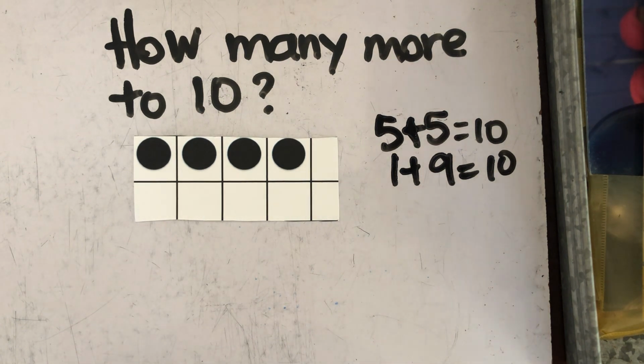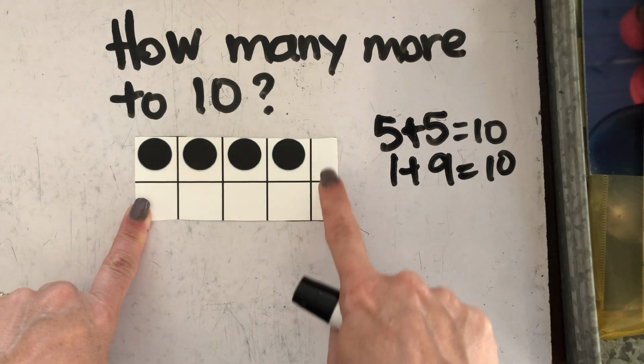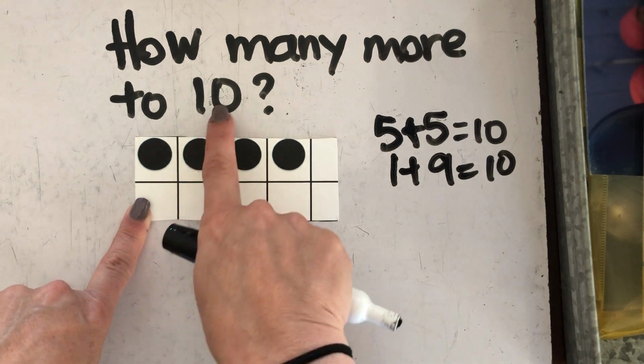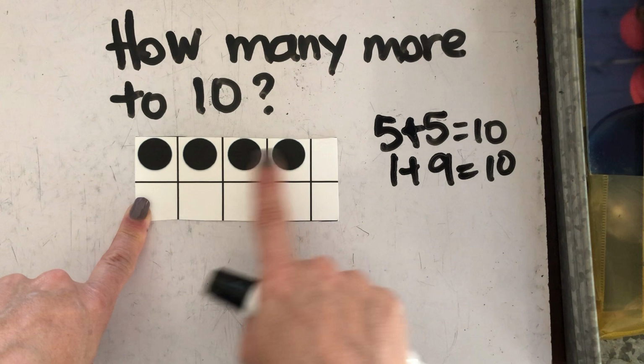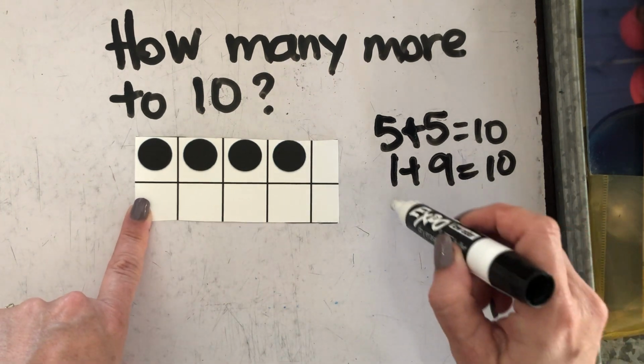I see 4. Oh, we know that we need how many more down here? 5, 6. So we need 6 more to make 10. 1, 2, 3, 4, 5, 6. Let me tell you a trick.